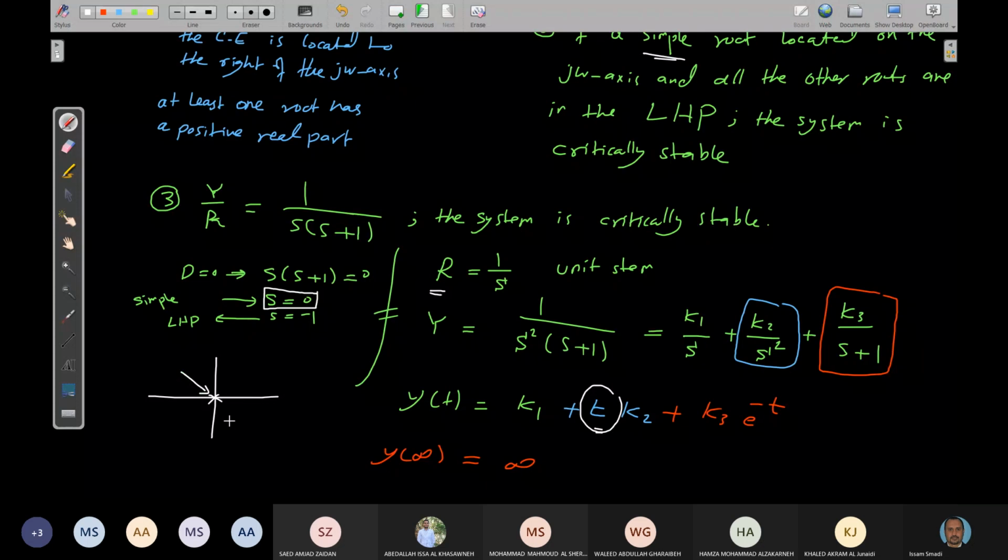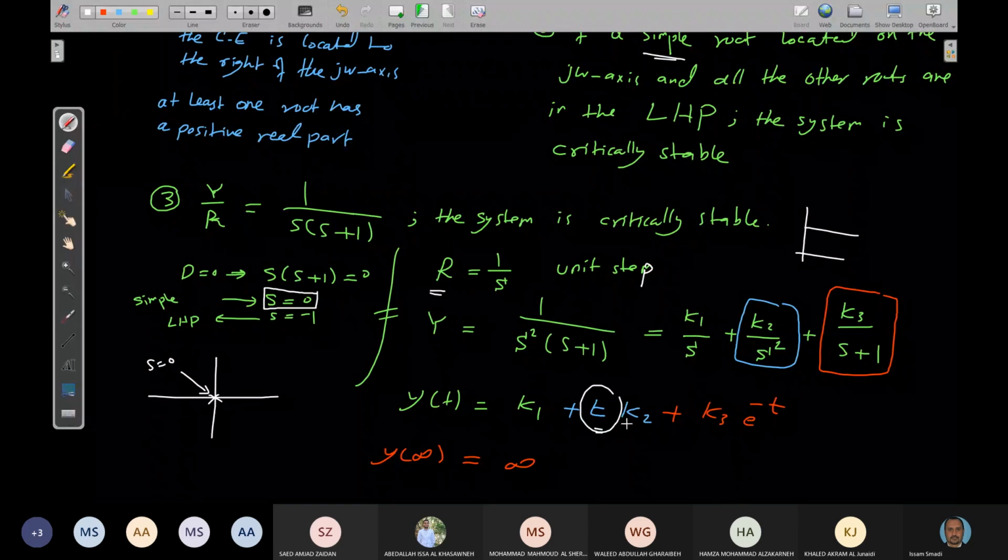And the frequency of the unit step input is DC, 0. So my input frequency matched the simple root frequency, and then the system becomes unstable. That's why this is called critically stable.